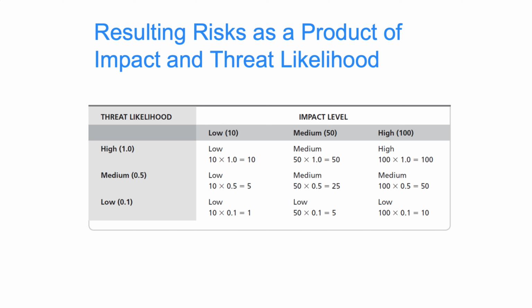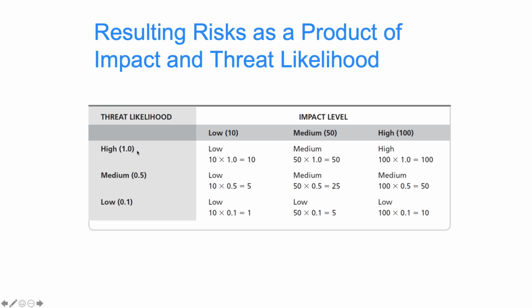So what we're typically going to do is make a matrix where we have the impact level on one axis, and then we're going to have the likelihood on the other axis. The metrics we use for threats is how likely is a threat or a situation to occur.